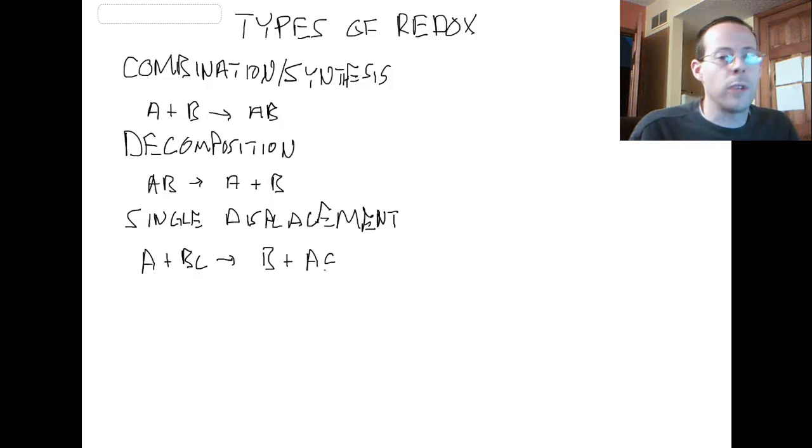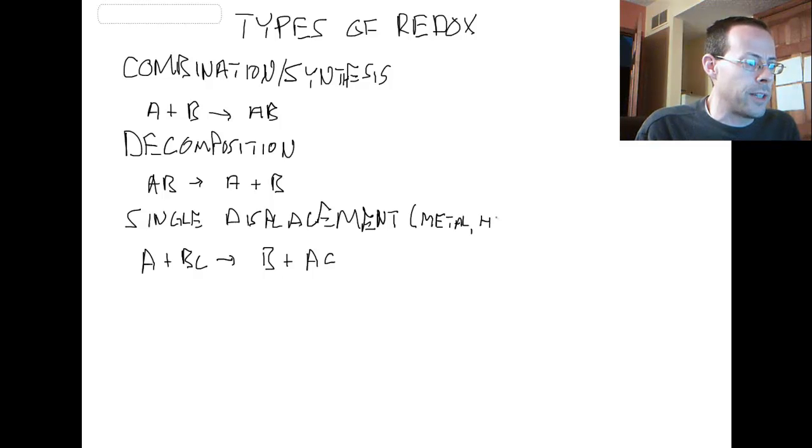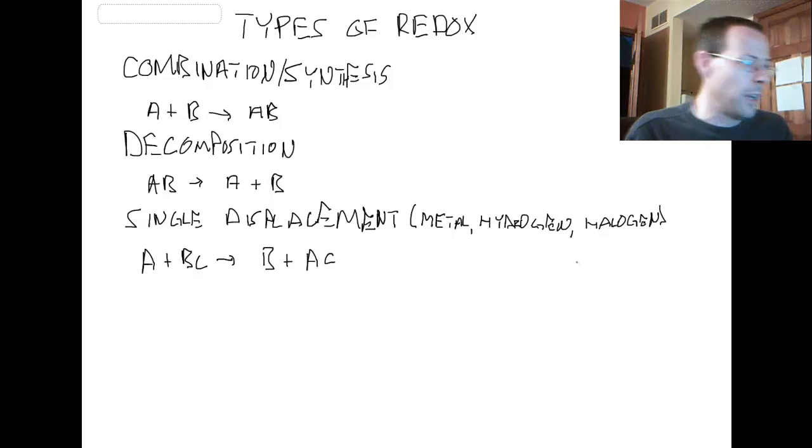The way to know this one is it always starts with an element and a compound, and we always end with an element and a compound. There are a couple of things that can replace: metals replacing metals, sometimes hydrogen replacing a metal, and at other times a halogen replacing another halogen. So those are the three types of single displacements that we can have. But again, the category is known as single displacement.